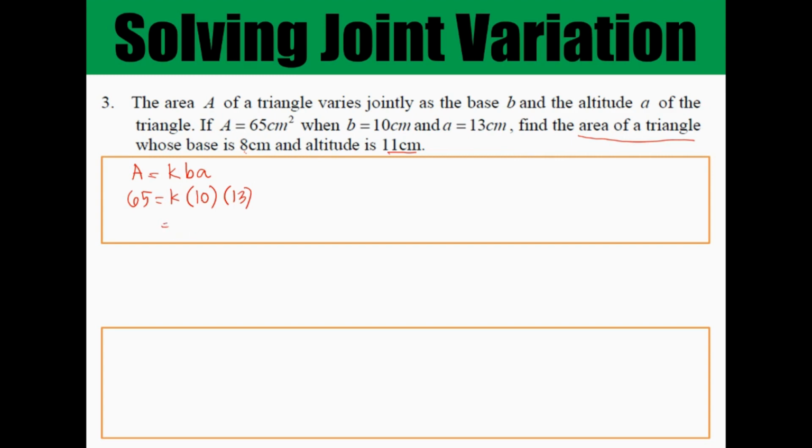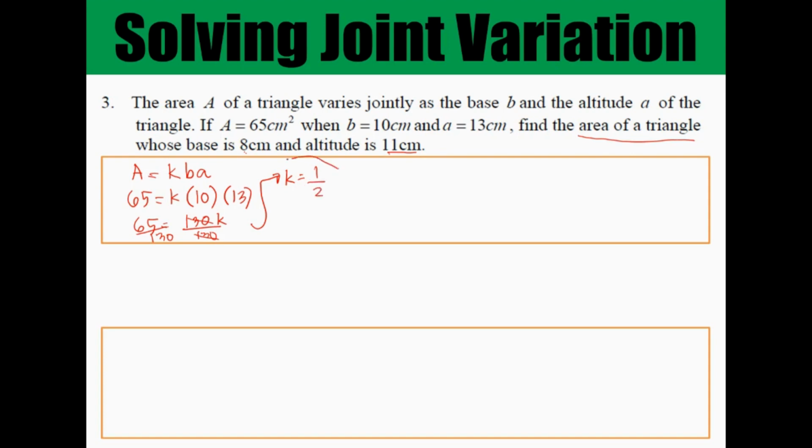So we have 10 times 13, so we have 130K, then 65. So since we have this, divide both sides by 130. So, K is equal to, cancel na to, 130 divided by 130 is 1. So, 65 divided by 130 is 1 half.